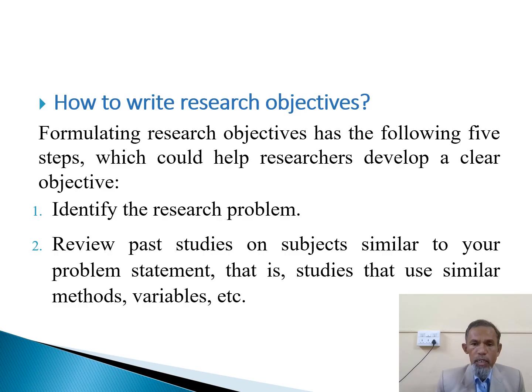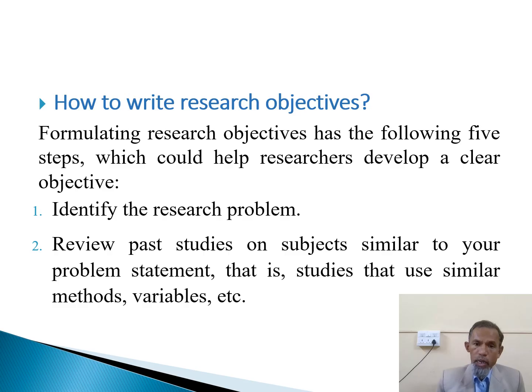Formulating research objectives has the following 5 steps, which could help researchers develop a clear objective. First, identify the research problem. This is the first and foremost thing that every researcher should do. Otherwise, without having a research problem, if you go for performing the literature review, it will be meaningless.